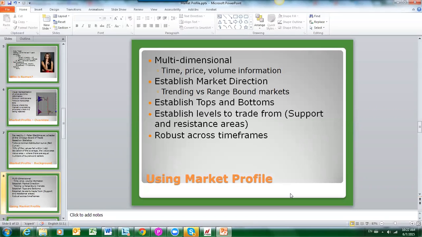Okay, trending versus range-bound markets. Statistically, the market is range-bound. That's what the stats tell us, that most of the time the market is range-bound, because whenever somebody wants to sell, there's usually a buyer on the other side, and vice versa.